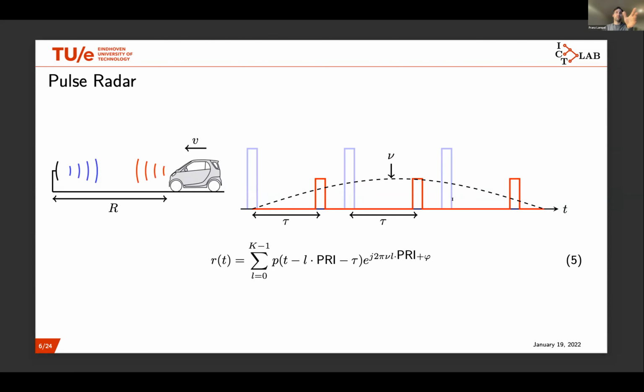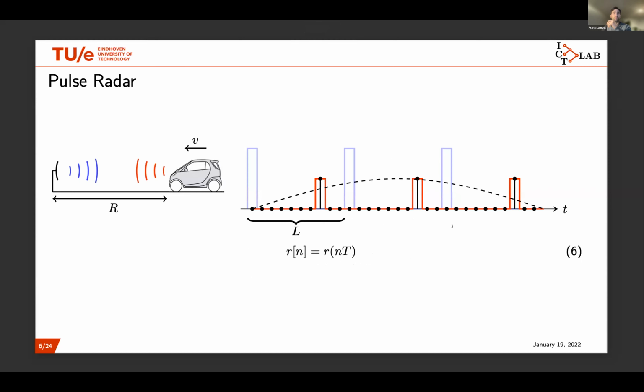If this would be chosen too long, you have phenomena like range migration. And a second very important assumption is that the pulse itself is so narrow that you can neglect the Doppler shift of this pulse. We assume further that there's only a constant phase. The Doppler shift influences only the phase of this pulse, but this phase changes between two consecutive pulses.